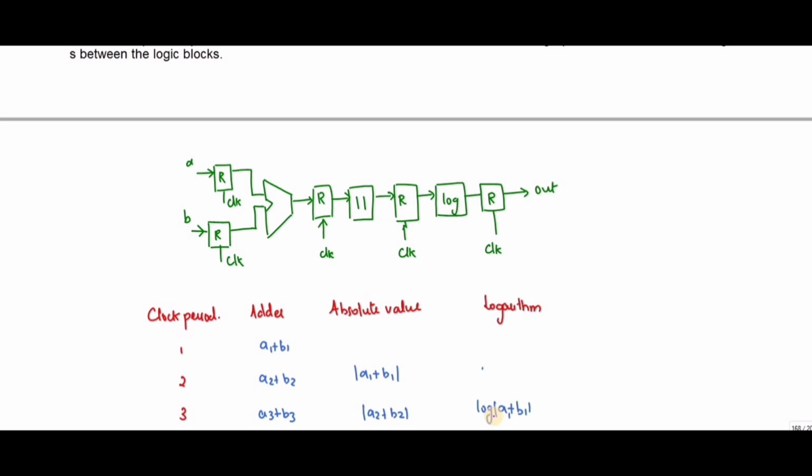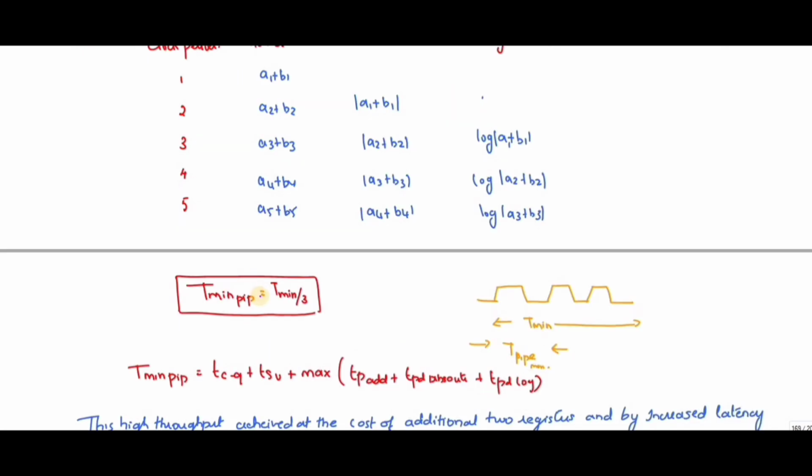So the effect of pipelining is that the clock period is reduced by 3 times. So I can take T minimum of the pipeline equal to TCQ plus TSU plus the maximum of the propagation delay of the addition, the propagation delay of the absolute value, and the propagation delay of the logarithmic value.